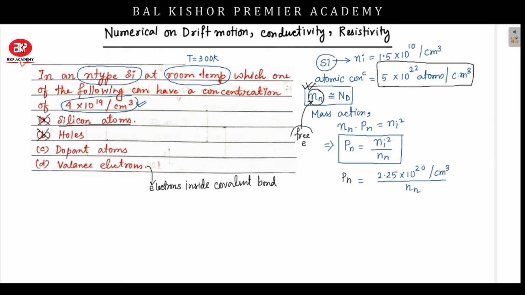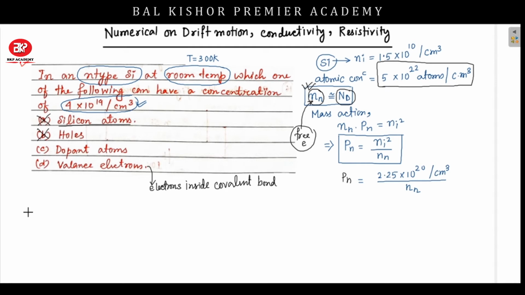These free electrons are not inside the covalent bond, they are completely free, and that is equal to the doping concentration Nd. So the valence electron concentration cannot be of the order of 10 to the power 19, because the atomic concentration here is 10 to the power 22 and with every atom there will be 4 valence electrons. So the order of valence electrons will be much higher, more than 10 to the power 19.